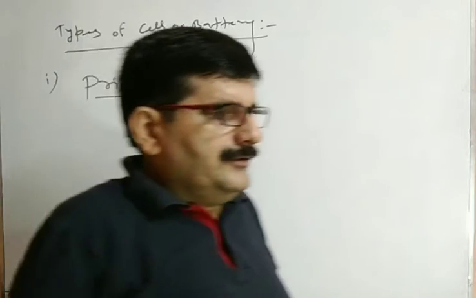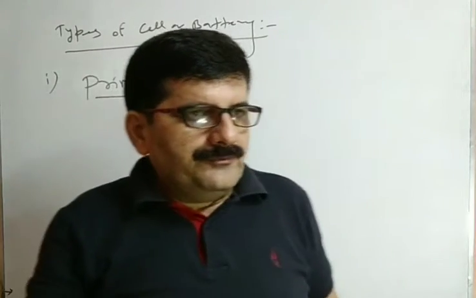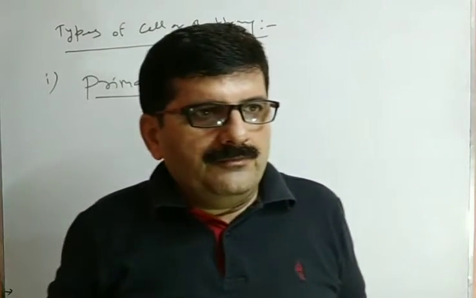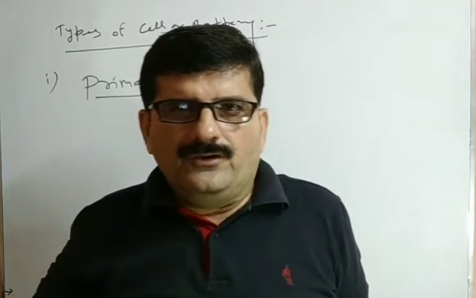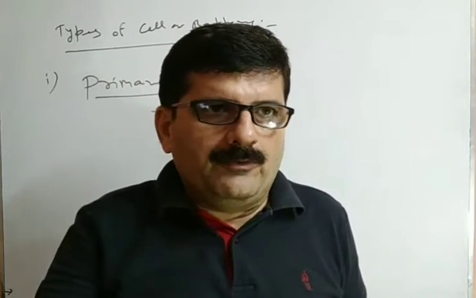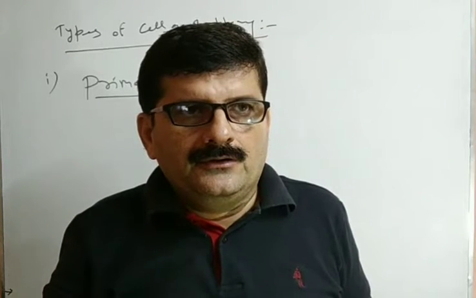Primary cell means what? In this type of cell, the reaction becomes irreversible in nature. That is, our reaction proceeds in only one direction. When this type of cell or battery is used completely, it becomes dead.